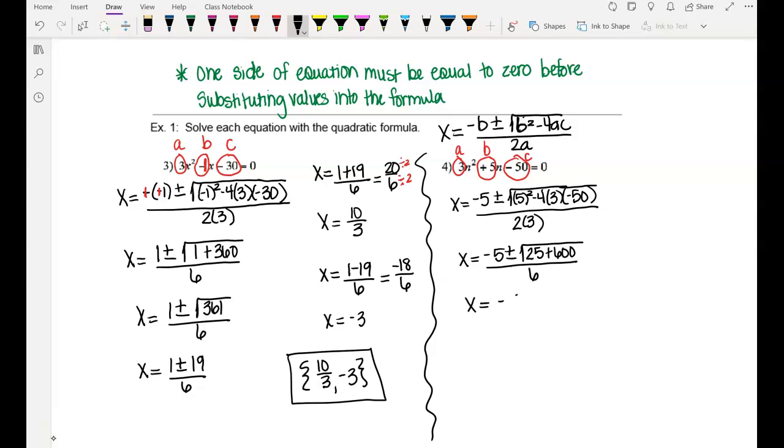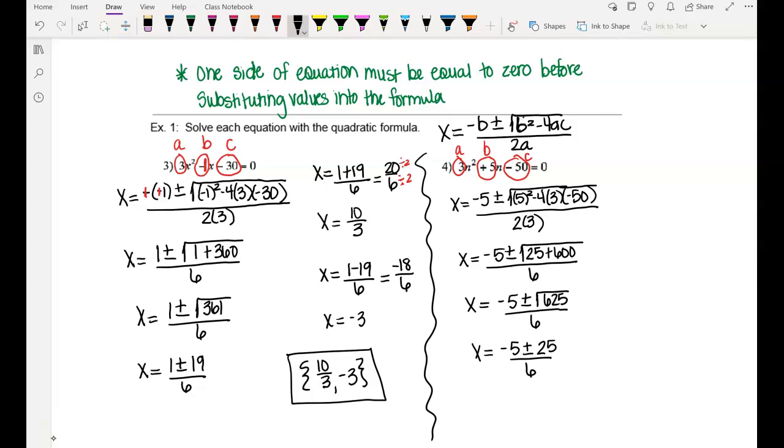So I have x equals negative 5 plus or minus the square root of 625 divided by 6. What is the square root of 625? It's 25. So x equals negative 5 plus or minus 25 divided by 6.